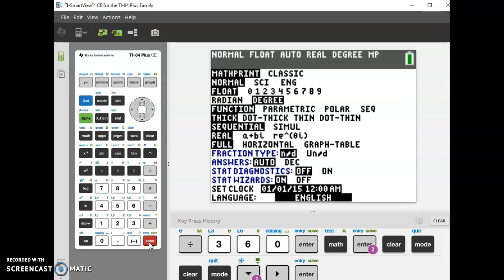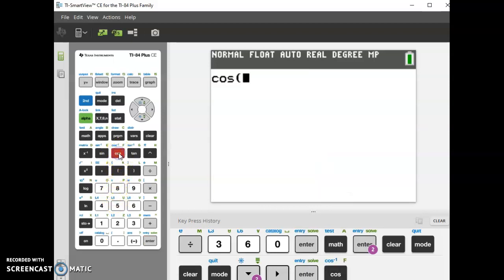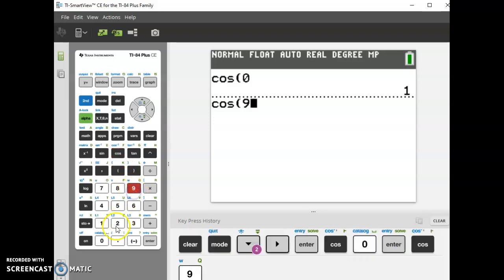Now I can type in cosine of 0, and that is automatically 0 degrees, is 1, just like my unit circle said. Let's do another one. Let's do cosine of 90 degrees, the top of that unit circle. It means degrees because my calculator is in degrees, and I get 0, just like my unit circle says.